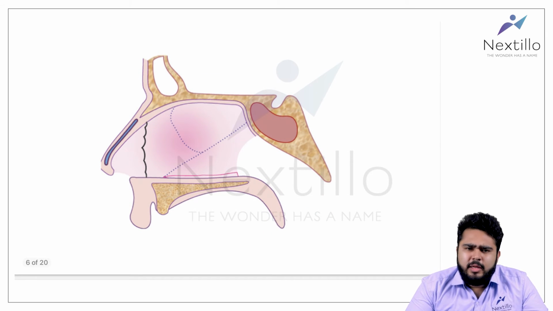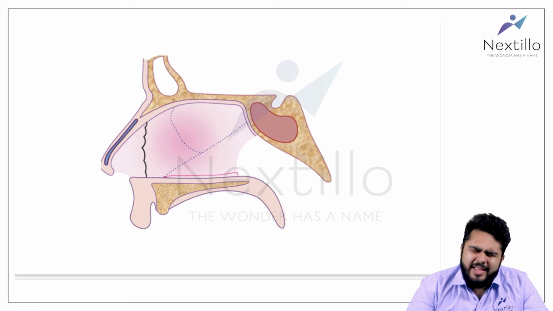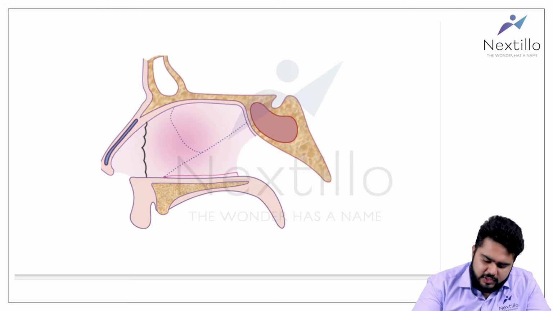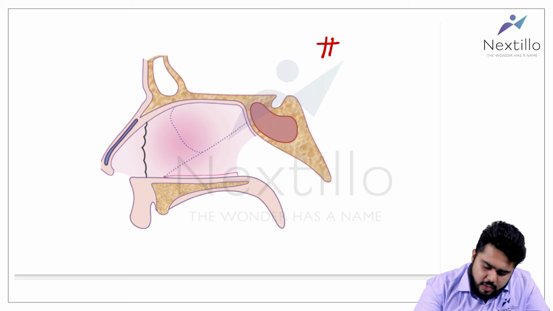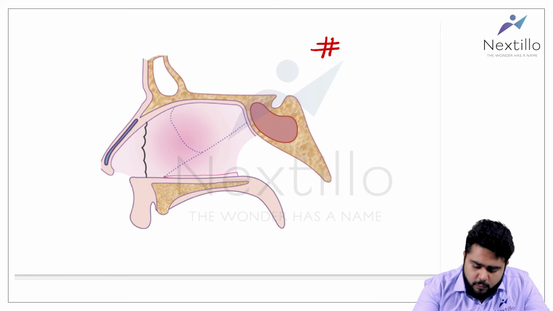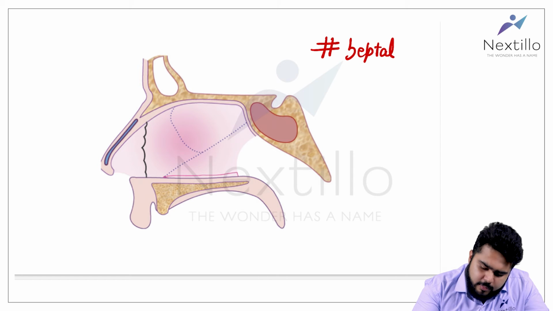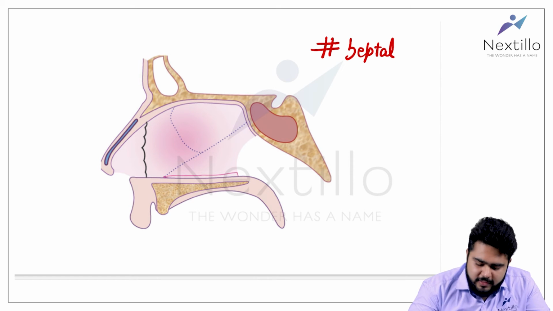This is one of the very frequently asked questions and very easy to remember. What is this picture showing? First of all, you should know that this picture is showing a fracture. What fracture? Septal fracture. The septum of the nose is fractured. What is the name of this fracture?